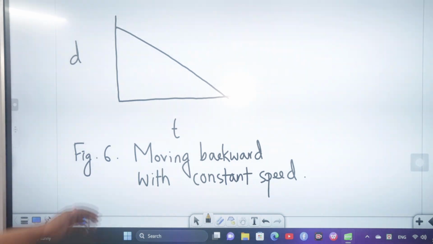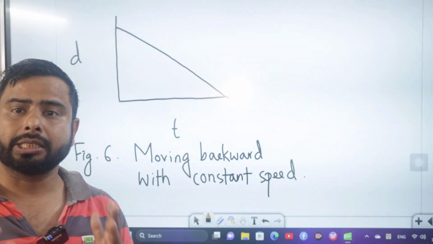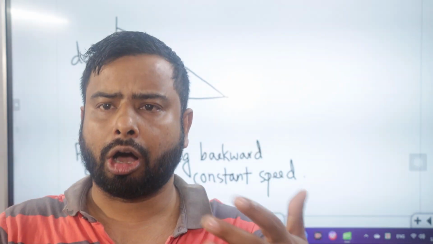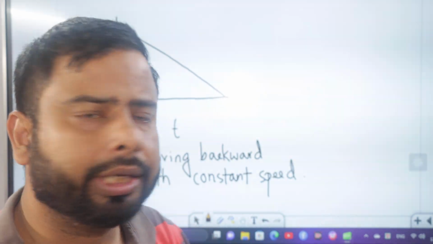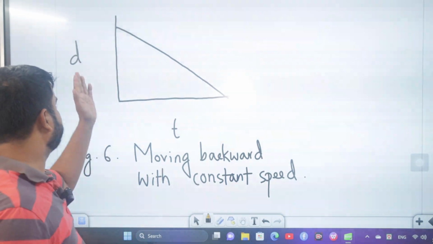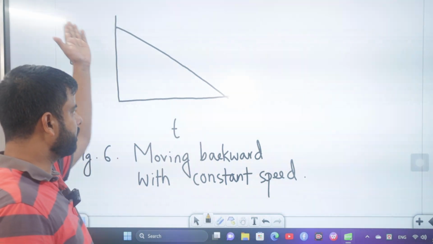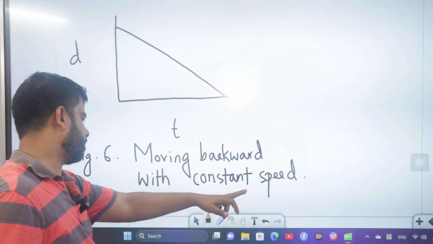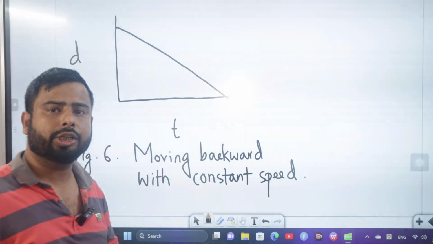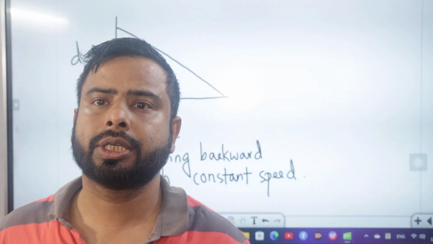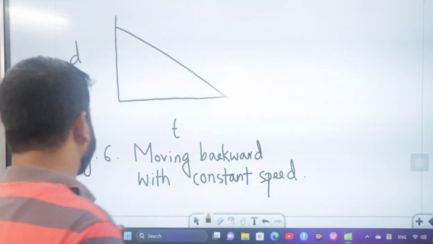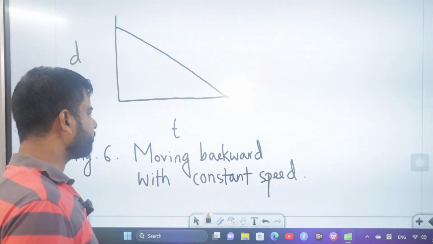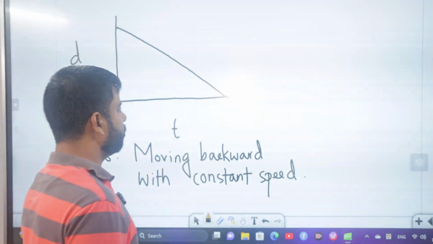Why moving backward? Because distance decreases with time. That means the object returns to its original position. That's why if the distance time graph is downwards, it is moving backward with constant speed. Why constant speed? Because the gradient remains the same, constant.